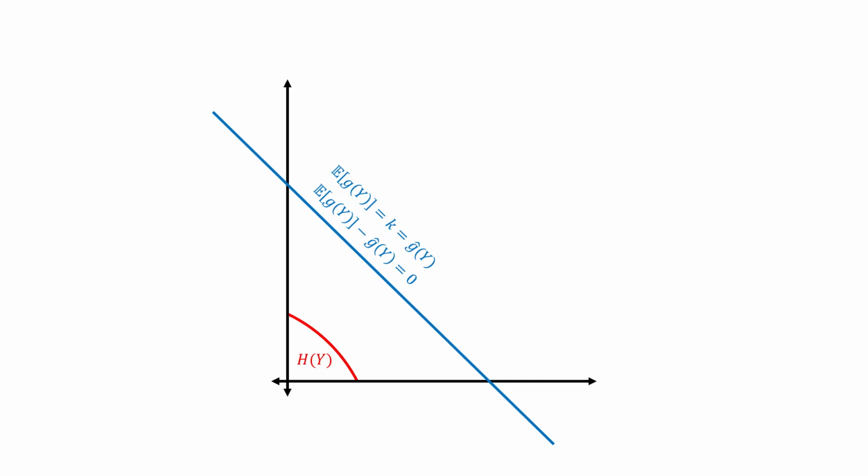And often that constant is an estimated value of that function of y from the data or some other means of estimation. And so we can rewrite that top expression as the expected value of g of y minus the estimated value of g of y, or whatever constant, and set that equal to 0. Okay? And so now we're going to try to maximize entropy subject to that constraint, right?